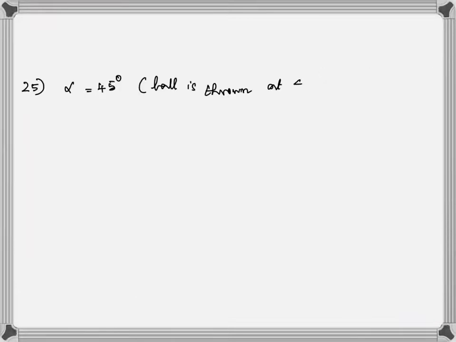Next, we are going to show problem number 25, where we are going to use these results. If alpha equals 45 degrees, then the ball is thrown at 45 degrees. This is what is given in the problem. Then the ball lands 90 miles away, which means x equals 90 miles.